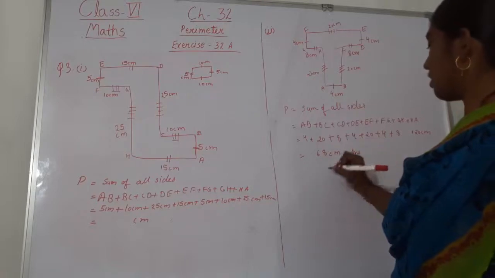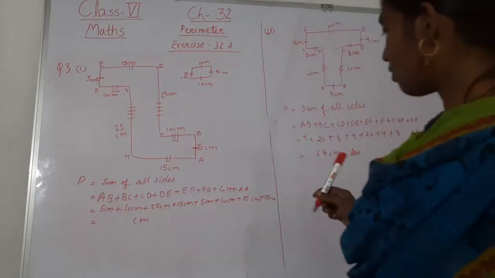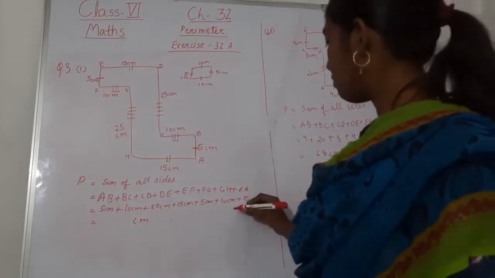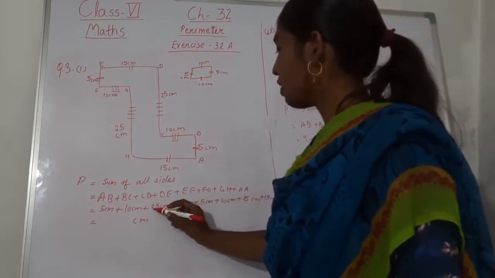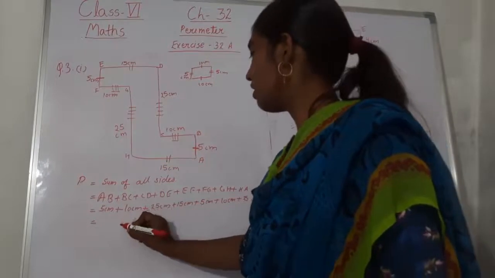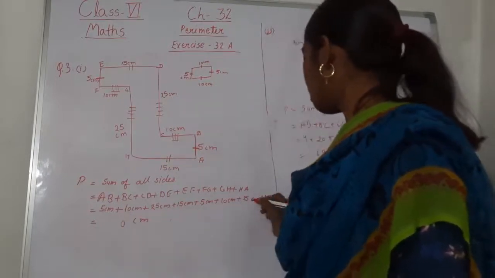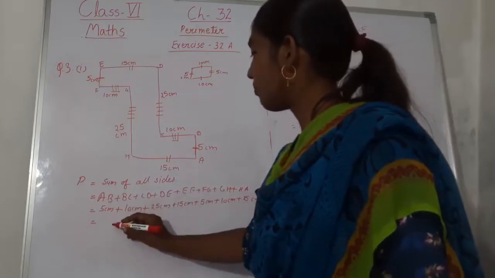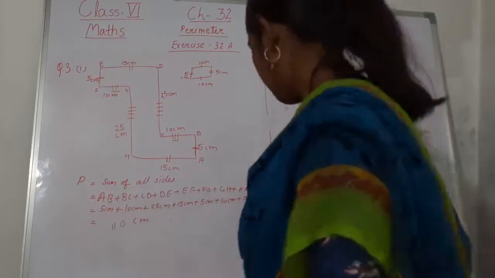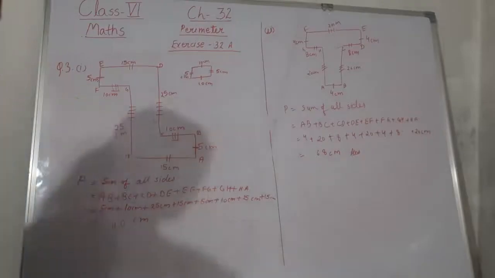This is the answer. Let us solve this one also. 5, 5, 10, 10, 5, 15, 5, 20, 25 and 30, 0 carry 3, 4, 5, 6, 7, 8, 9, 10, 11, 110. Just note down this one.